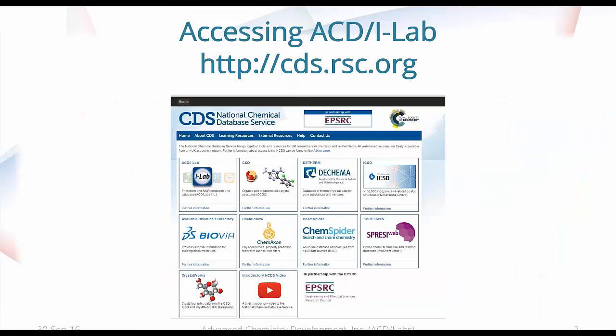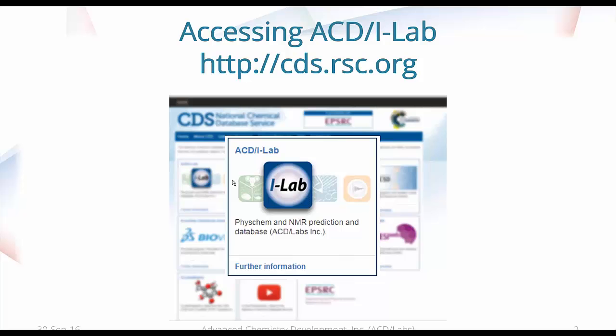So, to begin with, how do you access the iLab? You go to cds.rsc.org and you see a screen like this. You need to click the iLab button, and this will bring you into the iLab server.